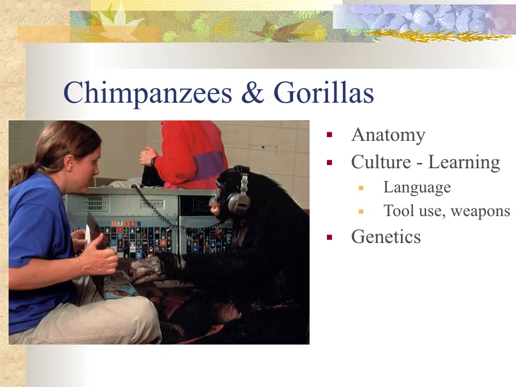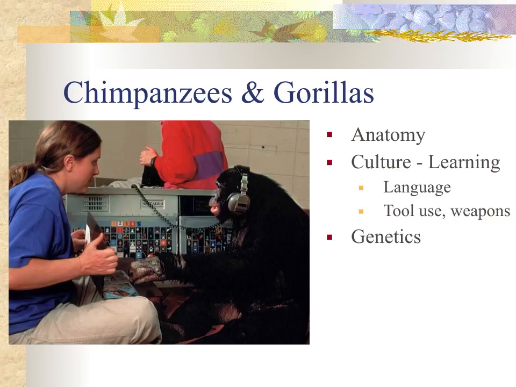Okay. Among the hominoids, we're most similar to gorillas and chimpanzees. Our anatomy is very similar. Okay. We've even been able to take these animals and teach them language in some sense, to get them to speak sign language or use a symbolic language.